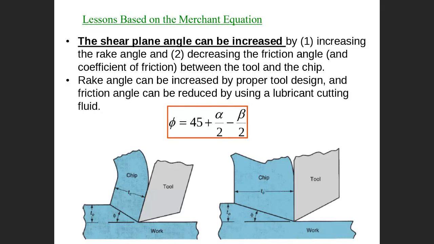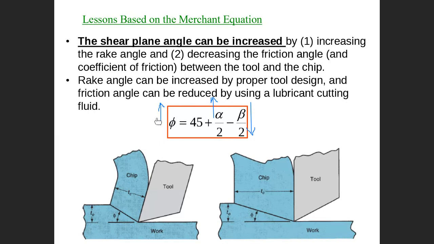To increase phi, you can do it either by smaller beta or higher alpha. In this case, you get a bigger phi. A bigger alpha gives you a bigger phi, and a smaller beta also gives you a bigger phi.